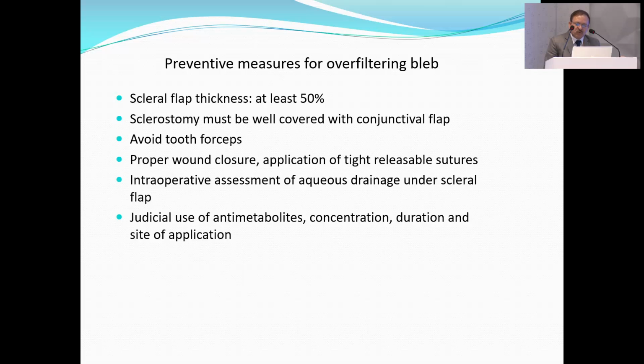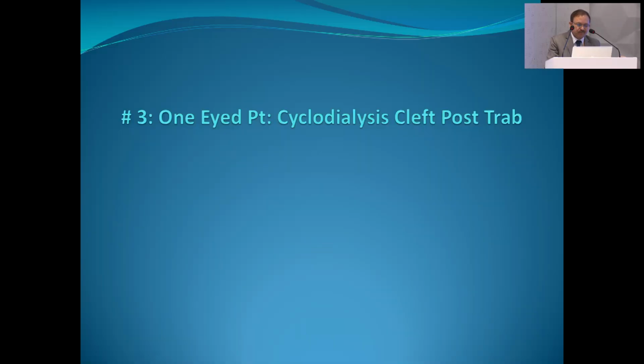Proper wound closure with application of tight releasable sutures is pertinent. Do intraoperative assessment of the aqueous drainage after putting in the sutures, and judicious use of anti-metabolites, their concentration, duration, and the site of application. We usually apply a little posterior to the flap.